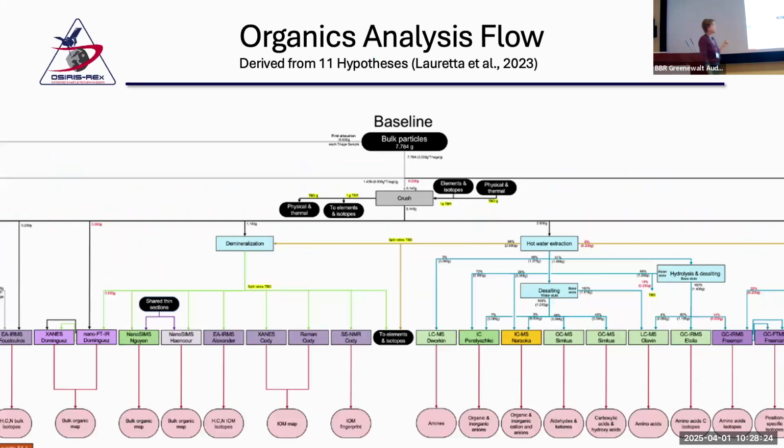So what you can see is that from that 120 grams, our organic analysis group got 7 grams. Now remember, 70% of the asteroid is saved for the future for our kids and grandkids who are going to invent even better things to do analyses on that. So we got 7 grams to answer part of the 11 hypotheses that directed all of the analyses that we do. So we had to share a lot of this material.